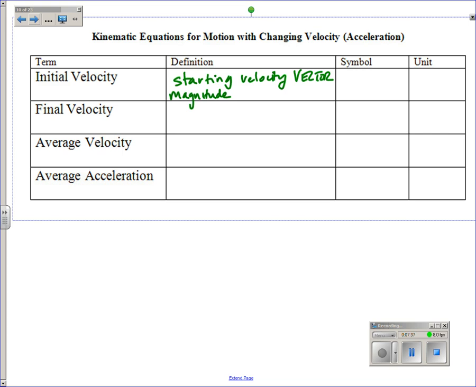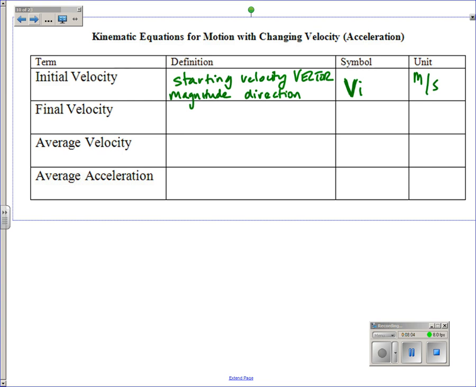That's a number. And it also has direction. At this point, direction would just be left or right. The symbol for velocity, or initial velocity, is v sub I. In some books, again, because it is a vector, you'll see it bolded, although I don't always write it that way because it gets kind of messy. The unit is meters per second.